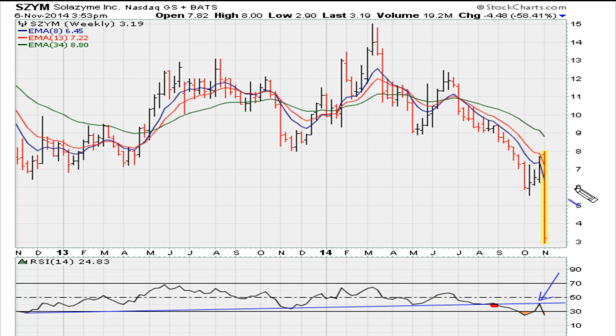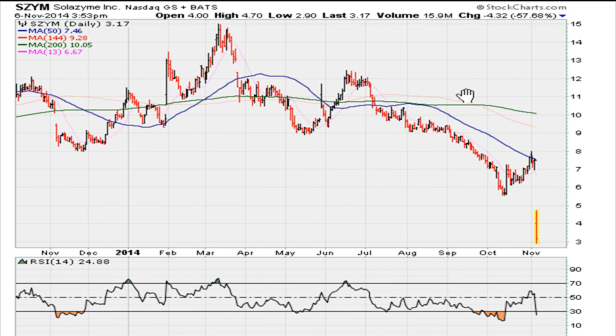In other words, it touched the line, which is this high around 8, and since then you've seen this plunge. So the RSI work that we are talking about here is consistently telling us, on these examples at least, that when you use it correctly, it can help you get out of some very bad situations.